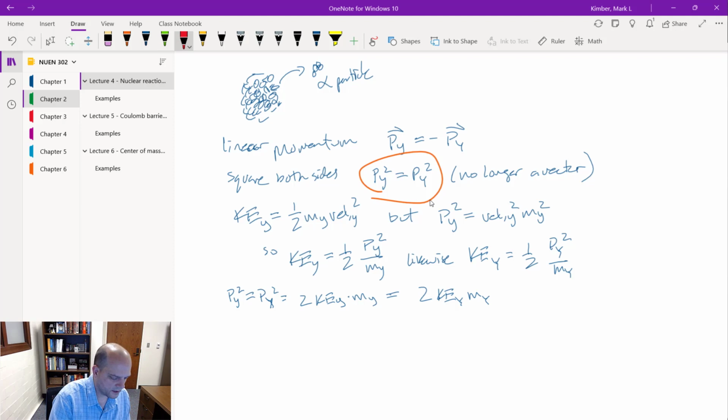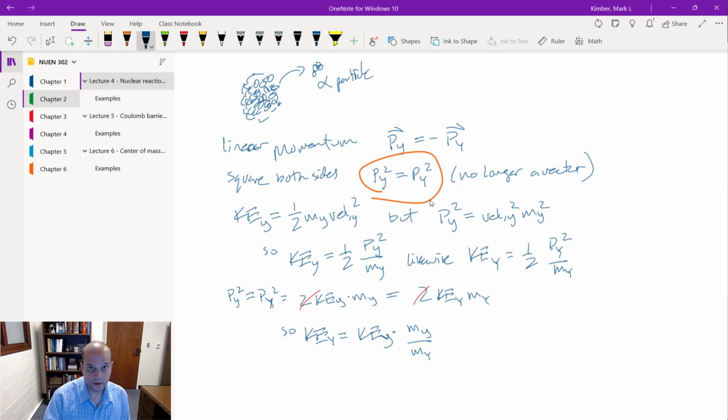And so my 2's cancel out. And I'm left with an expression where I can solve for the kinetic energy of my light particle or my heavy particle. I'll solve for the heavy particle here. Its relationship to the lighter particle is just going to be the mass ratio of those two as well. So we've got m over m capital Y.